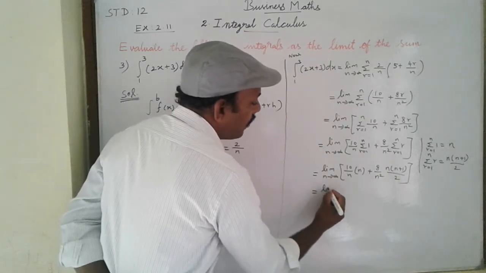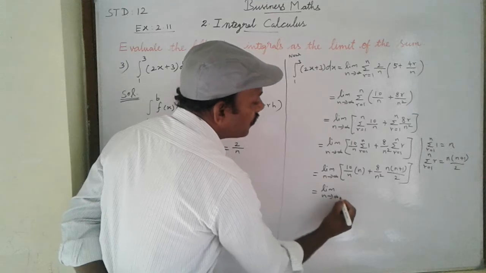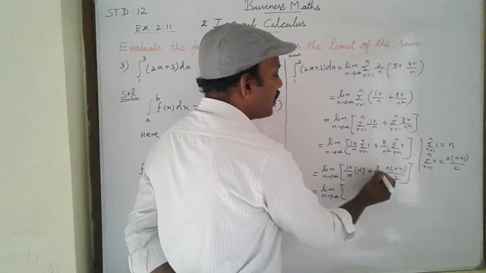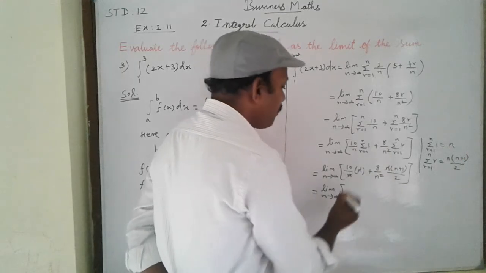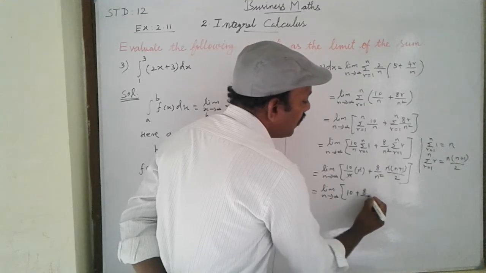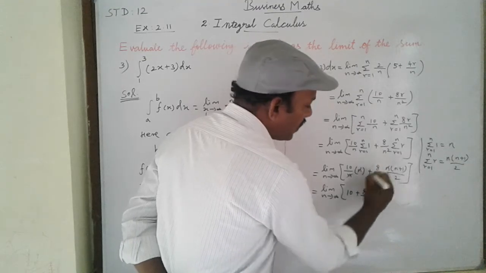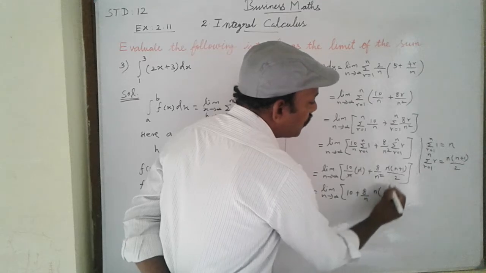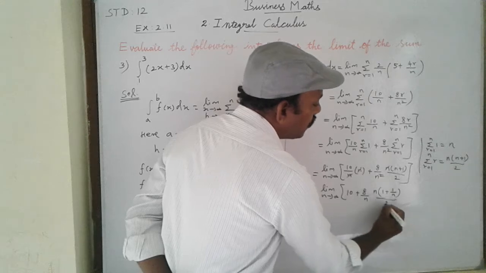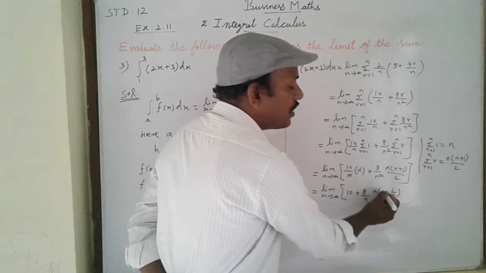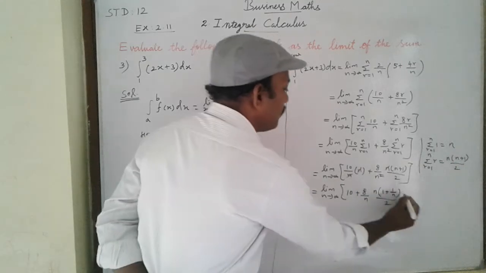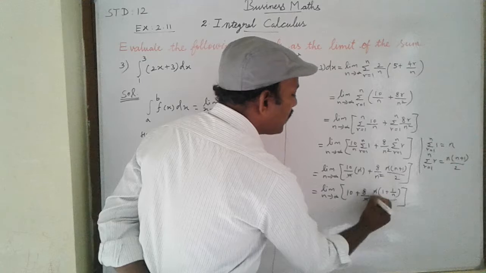Equal to limit n tends to infinity, n cancel, here n square n is cancel, 10 plus 8 divided by n, here n is taken out as common, n into 1 plus 1 by n divided by 2, n multiplied, then n into 1 is n plus n cancel 1 there, n cancel.